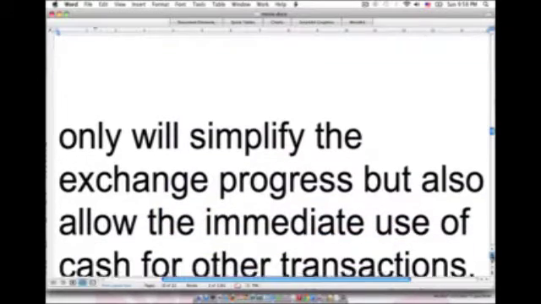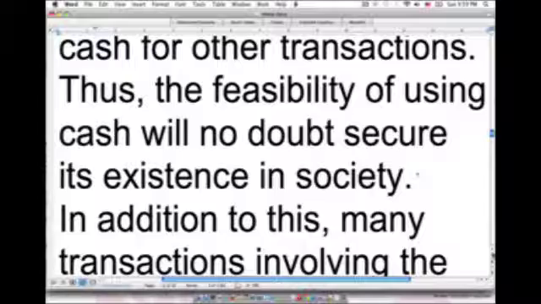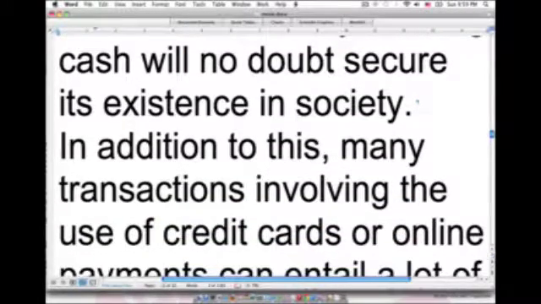This not only will simplify the exchange process, I think they meant to type process, but also allow the immediate use of cash for other transactions. Thus, the feasibility of using cash will no doubt secure its existence in society.